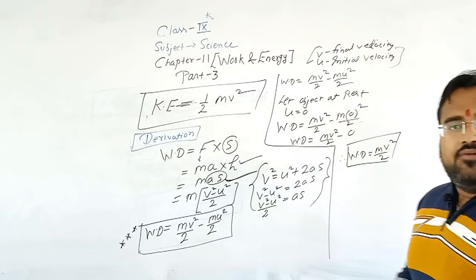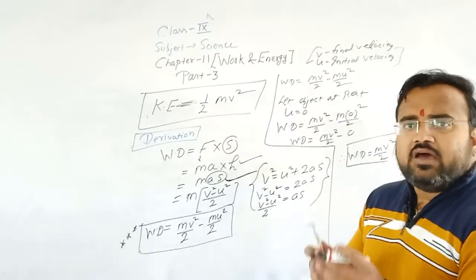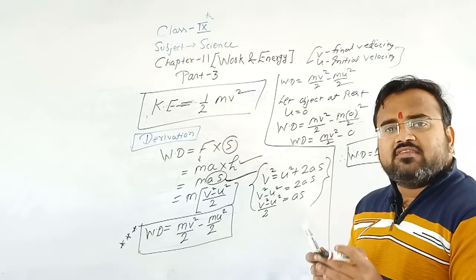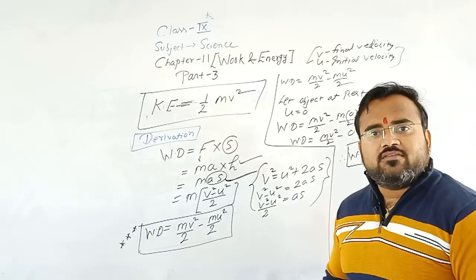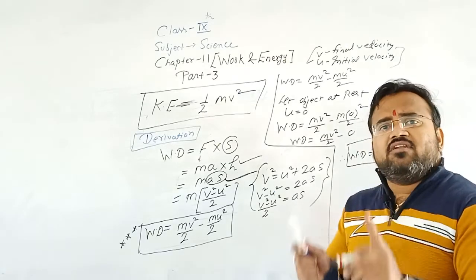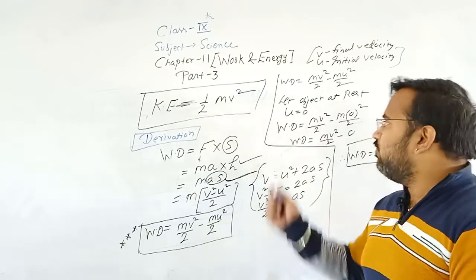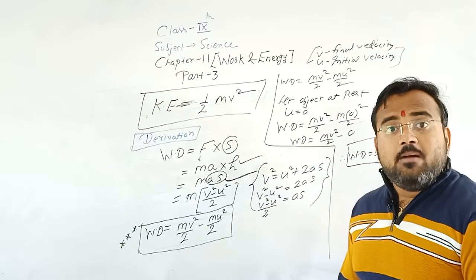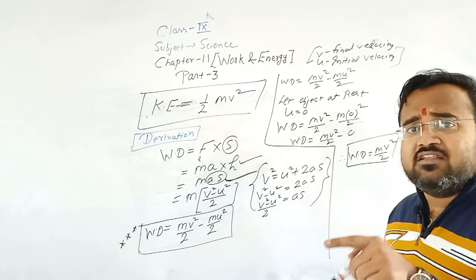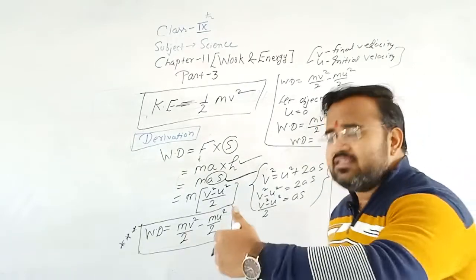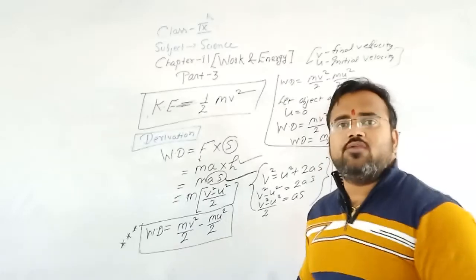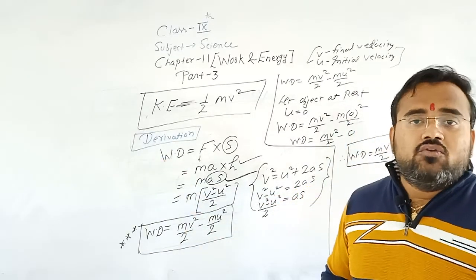For example, suppose I have a football which is kept on the surface. Whenever the football is at rest, its initial velocity is 0. But suppose I do work by kicking the football. If I kick the football, it starts to run.